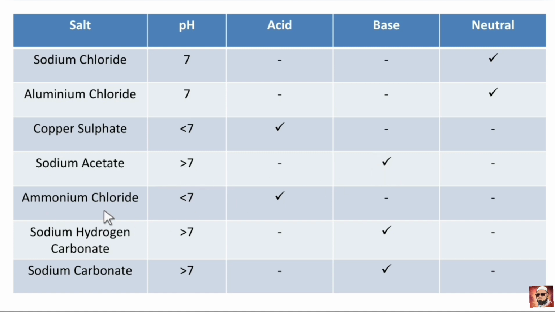Ammonium chloride, pH value less than 7, so it is an acidic salt. Sodium hydrogen carbonate, pH value is greater than 7, so it is a basic salt. Sodium carbonate, its pH value is greater than 7, so it is also basic in nature.